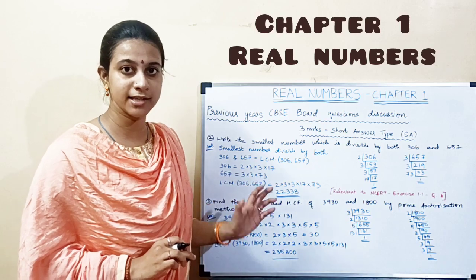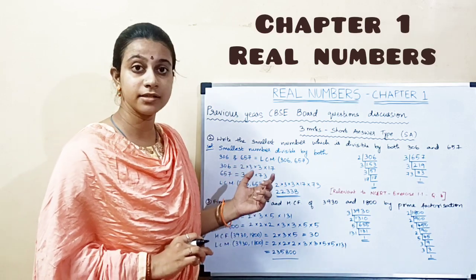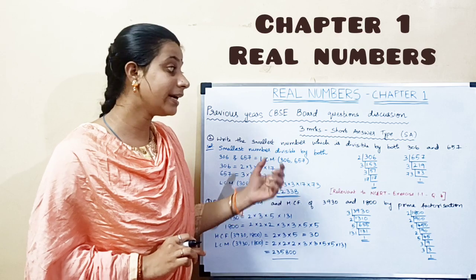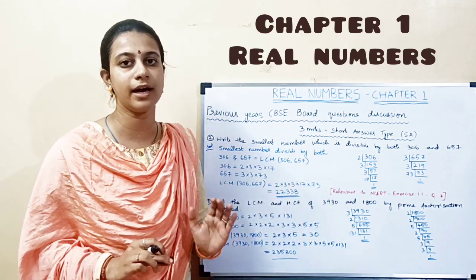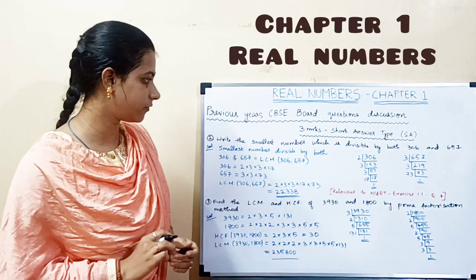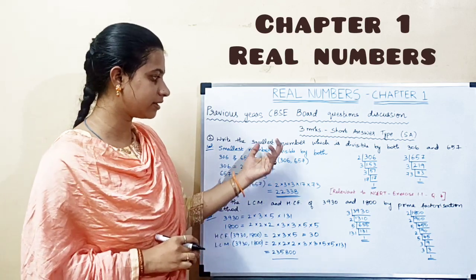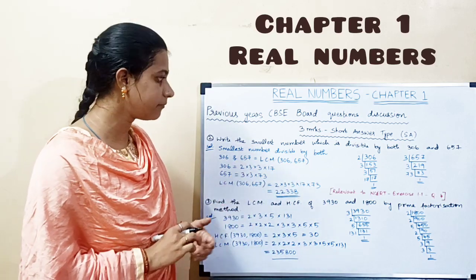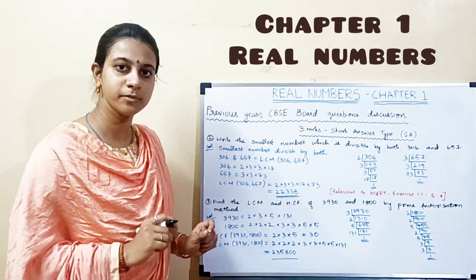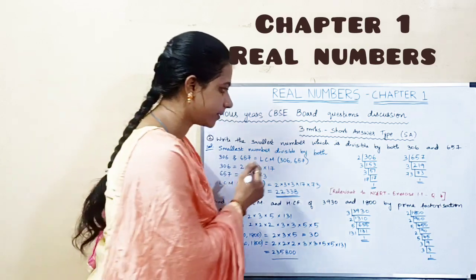If it was asked otherwise, like the highest number which can divide both of the given numbers, then in that case we would be finding the highest common factor or HCF. Now since it is asked for the smallest number which is divisible by both of these, we are going to find the LCM, for which first we will perform the prime factorization for both of them.